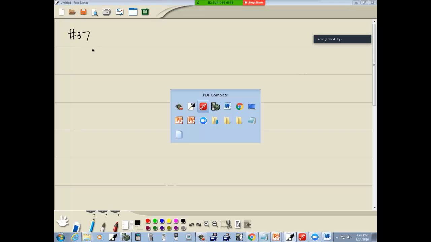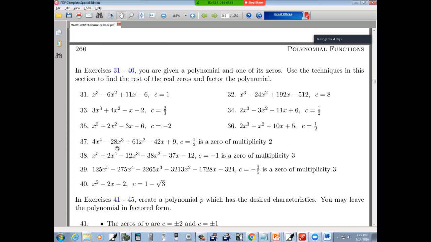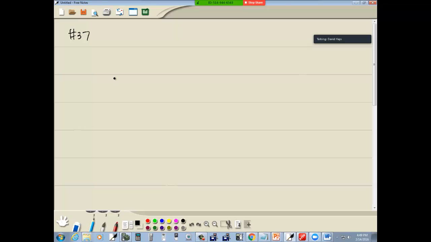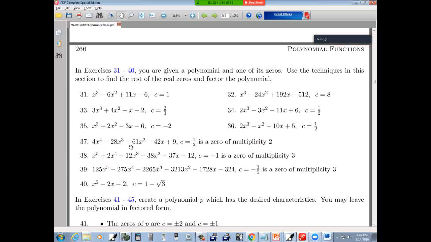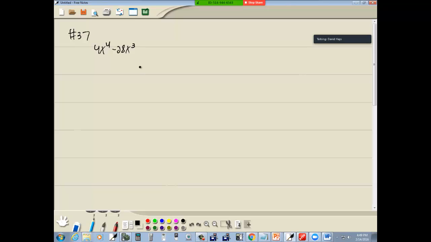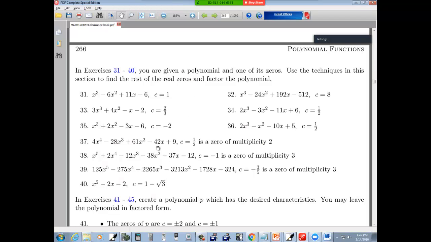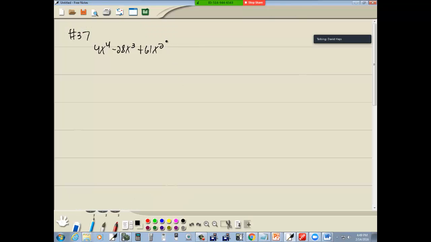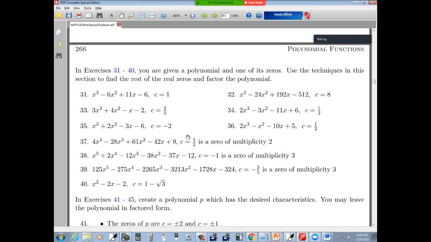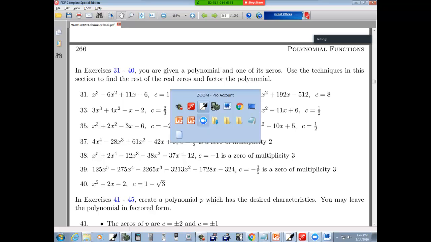Okay, number 37. We have 4x to the 4th minus 28x to the 3rd plus 61x squared minus 42x plus 9.